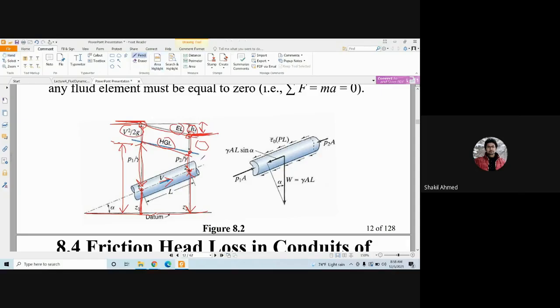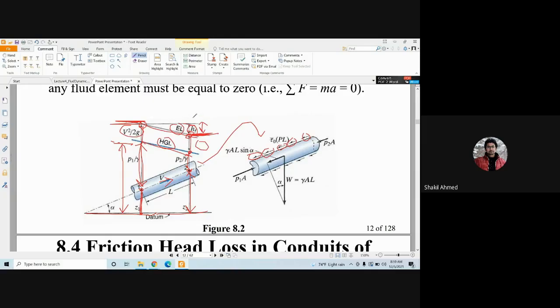Now, if you take the free body diagram of this fluid part, I'm talking about the fluid part, not the pipe, the fluid inside the pipe, then you'll see there is friction between the pipe wall and the water. So these are the shear stress, which has been generated due to the friction between the wall of the pipe and the water.